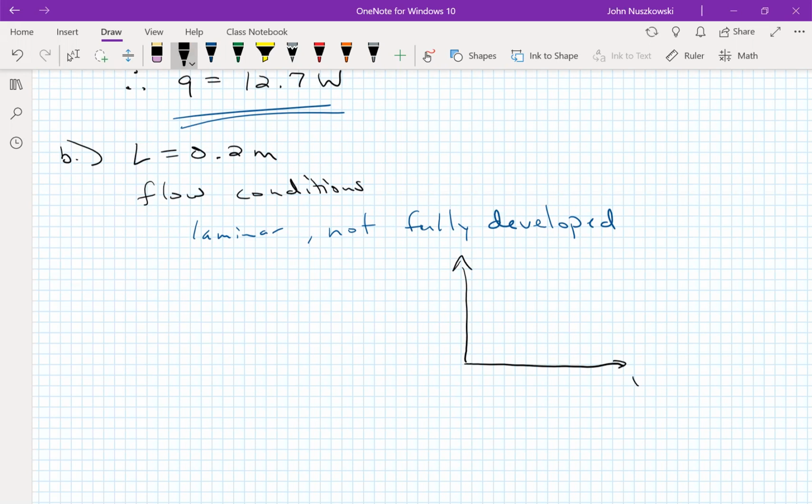All right, if we're looking at how that convection coefficient changes with length x, it starts off high. This curve is a little bit different, and then it becomes a constant value right here, and that's fully developed. And here's h.